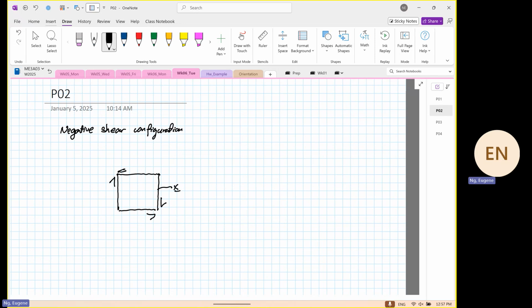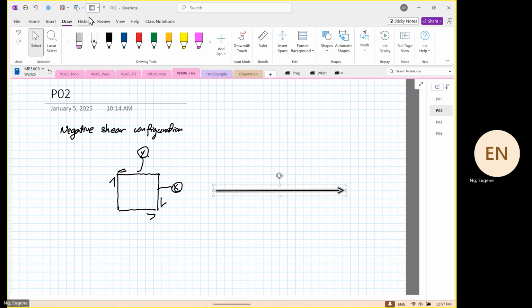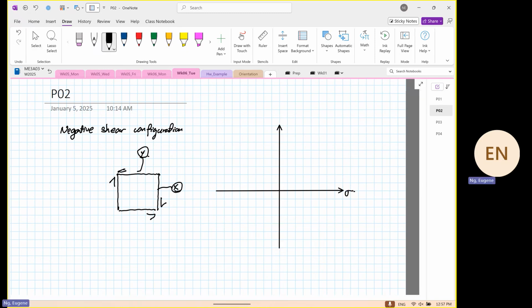So this is our X, and then this is our Y. So now we are going to sketch the element. This is my normal stress. This is shearing stress. Element rotate clockwise. Element rotate anti-clockwise. And I'm going to draw our shear line.